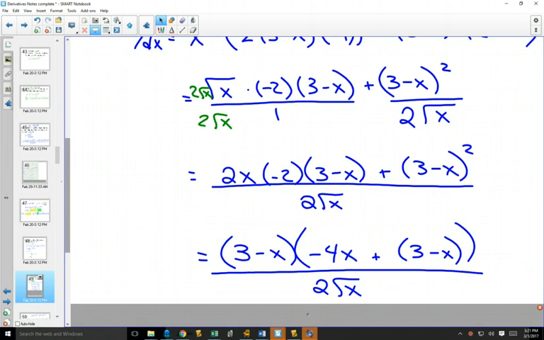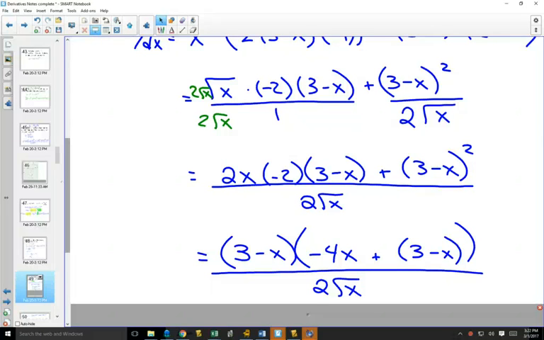In this next step is something I mentioned earlier. If you can factor early, it's going to save you time as compared to multiplying it all out. So I noticed that in my first big term, I had a 3 minus x. In my second big term, I had 3 minus x squared. So I have a 3 minus x in common in both of those terms. So I factored that out.